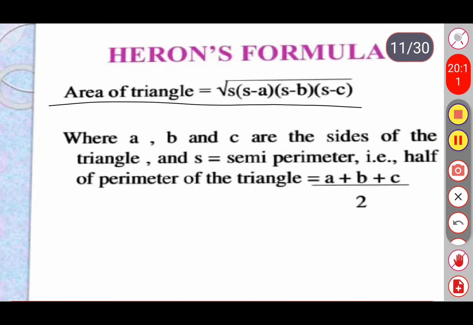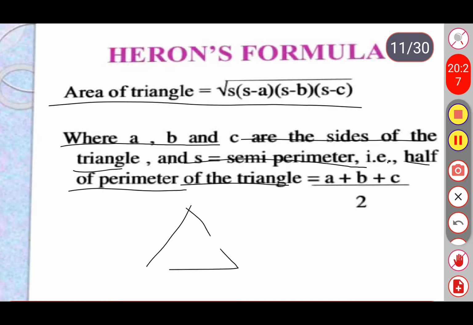Where a, b, c are the sides of the triangle, and s is the semi-perimeter, that is half of the perimeter of the triangle. For example, if I take one triangle, the first side is considered as a, the second side is b, and the third side is c.